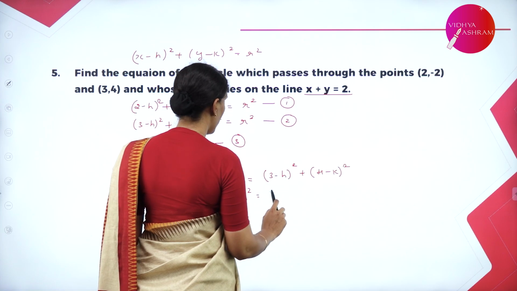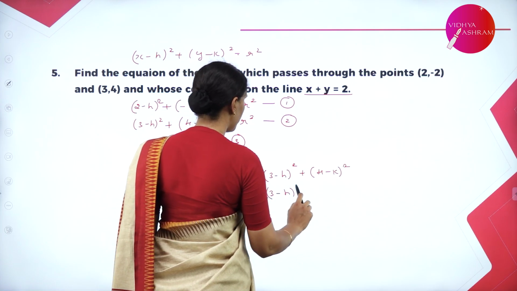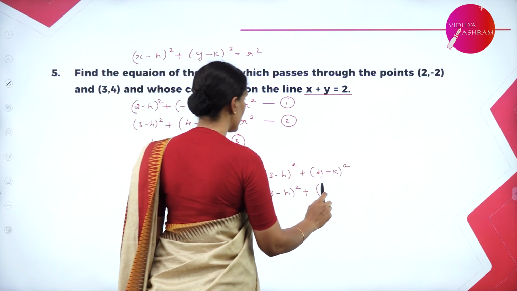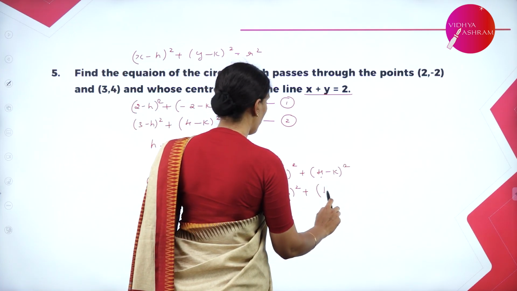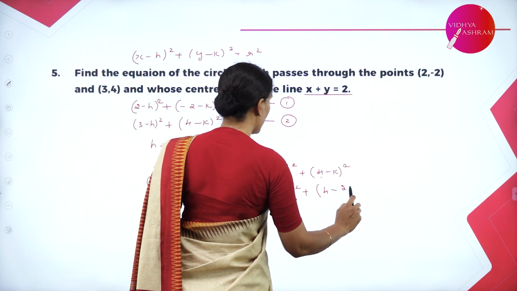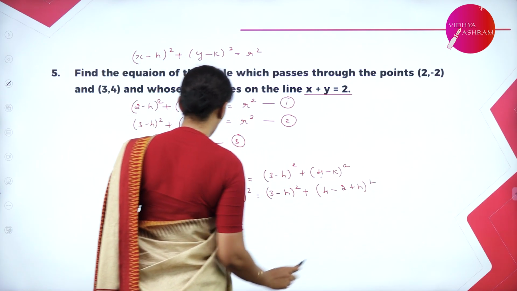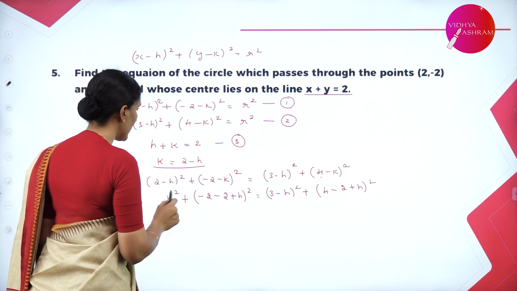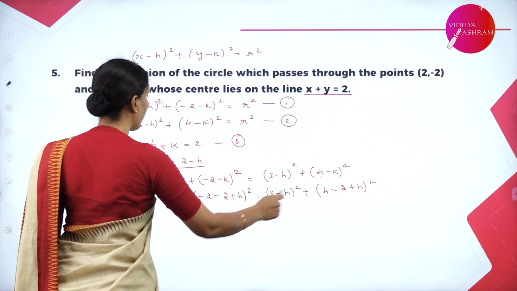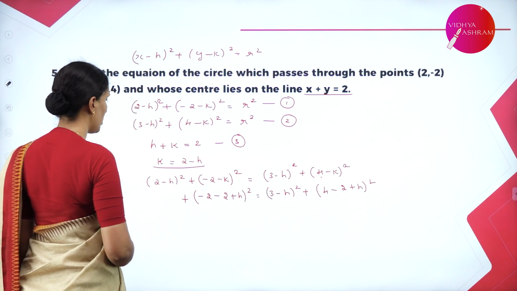Next we have (3 minus h) whole square plus 4 minus k. So 4 minus k can be written as 4 minus (2 minus h) again, which becomes (2 plus h) whole square. So here 2 minus h can also be replaced, because we have every quantity in the form of an h here.